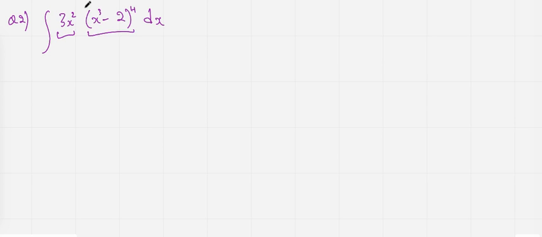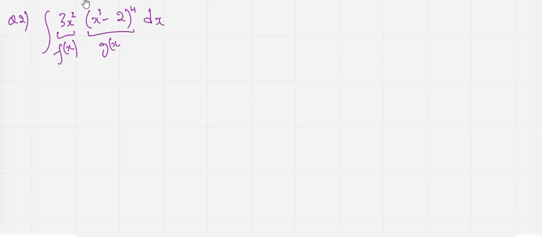So you see here in this question, the integrand is the product of two different functions, right? So you can see here that if I just pick up my g of x, then the derivative of the g of x is going to provide me f of x here.